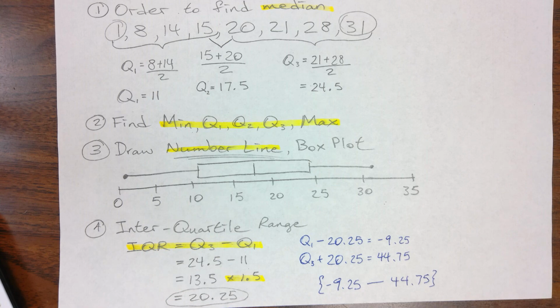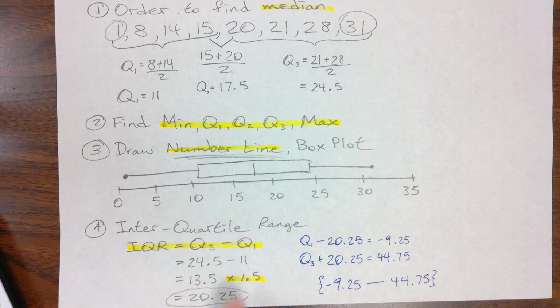If it's 44.75, it's not an outlier; more than that is an outlier. So 45 would be considered an outlier.